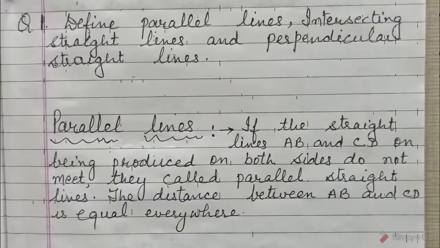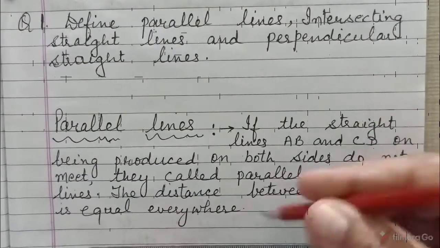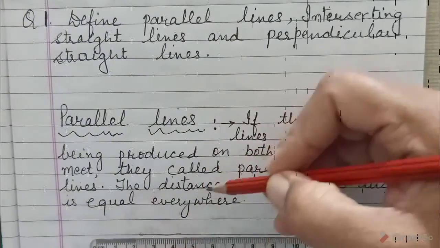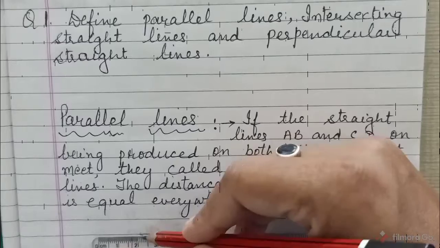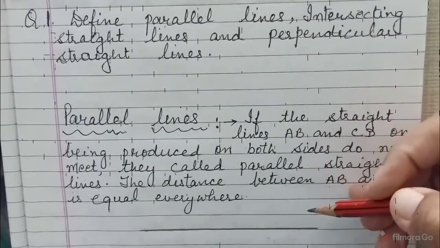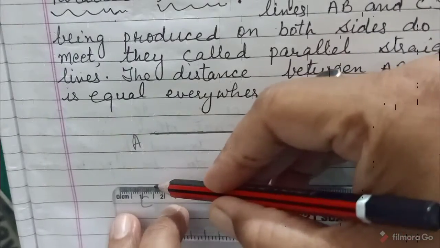Now we can draw the lines. Here line AB, we can draw it. Name it. Draw another line CD.